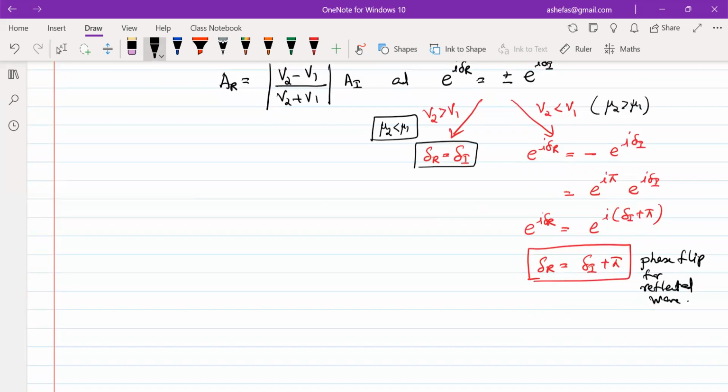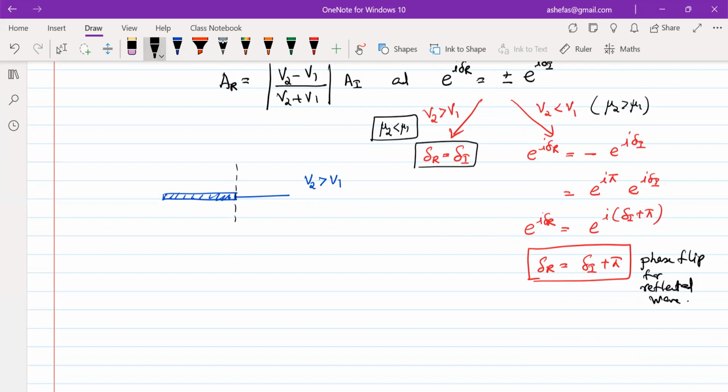So there are two situations now. One is the first string is thicker and the second string is lighter. So here v2 is greater than v1. If v2 is greater than v1, then there is no phase flip.